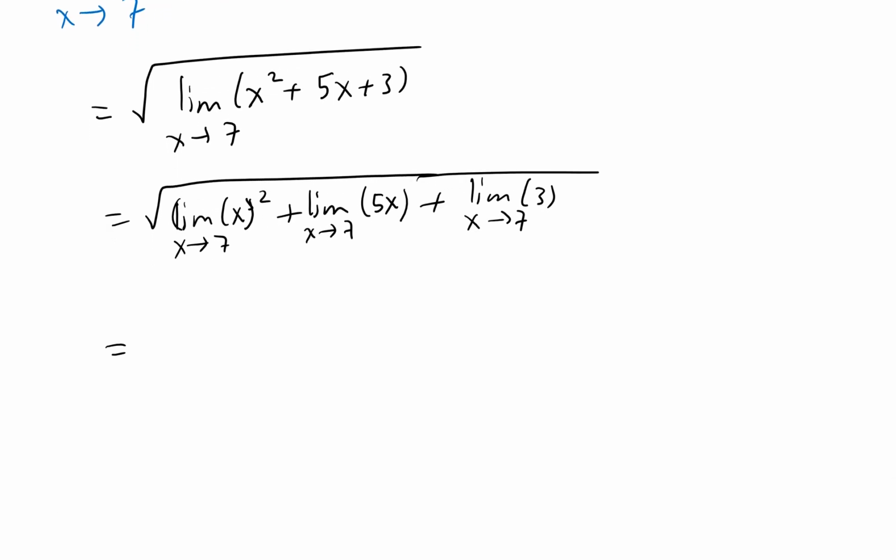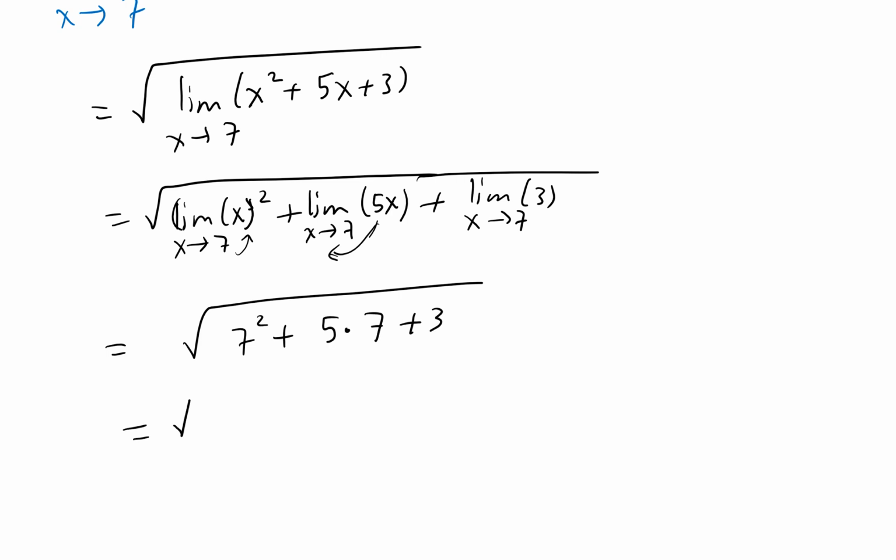Then we pass the limit inside, take the 5 out, and do the calculations. You get 7 squared plus 5 times 7 plus 3, and that gives me the square root of 87.